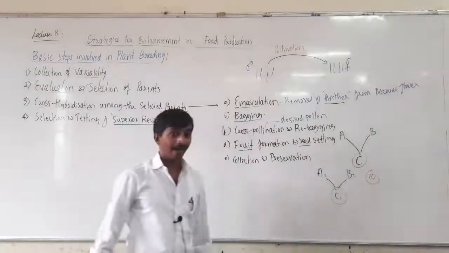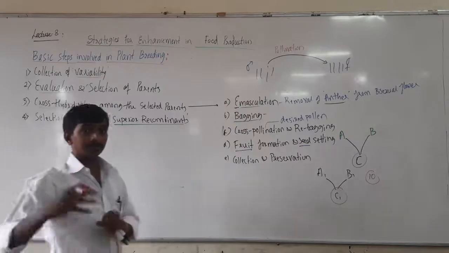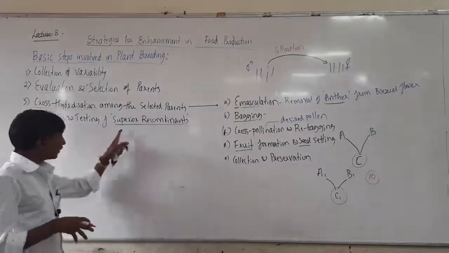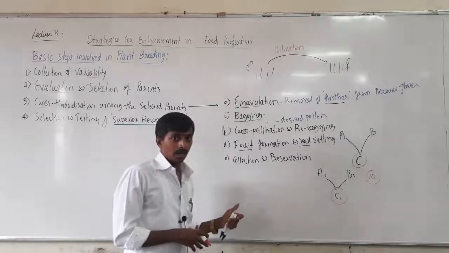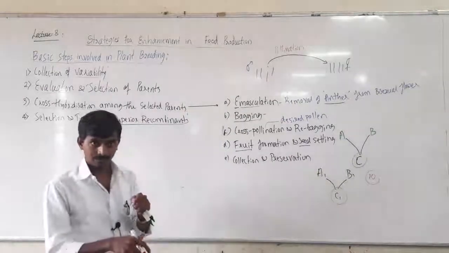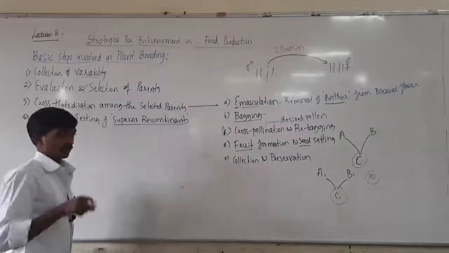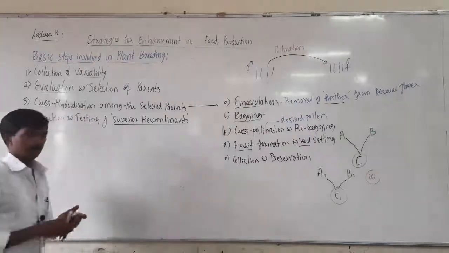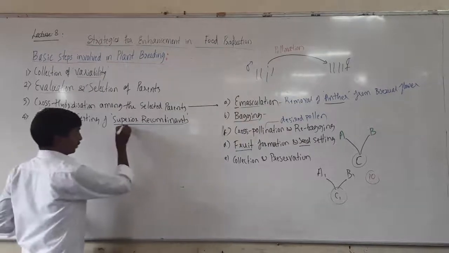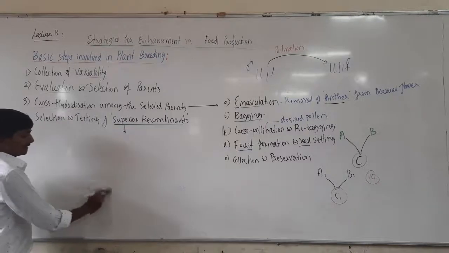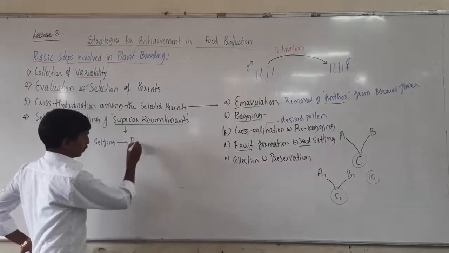Among the 10, if you find some 5 better than the other 5, you can compare and select those better ones. Those better ones are called superior recombinants. For those superior recombinants, you need to perform one process, that is selfing to form pure lines.